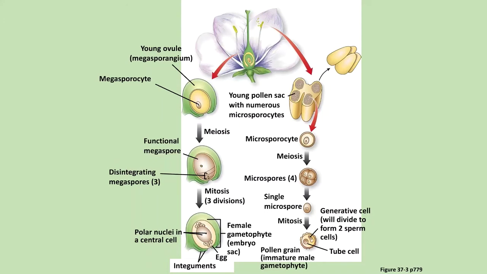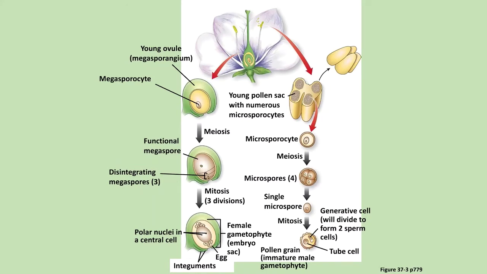Going over on the right side of the plant, that's showing the pathway that the male portion of the plant takes. And so you can see they cut open the anther, so you can look inside there at the pollen sac. And inside of the pollen sac has the many microsporocytes. Incidentally, the term in biology CYTE, site, refers to cell.